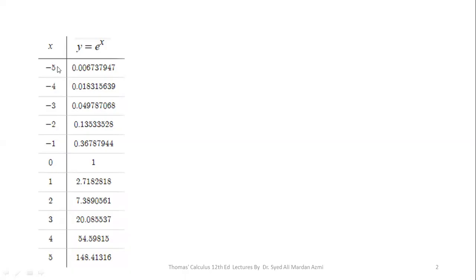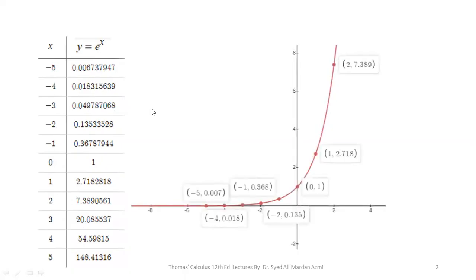You can see as the value of x increases, the value of y increases exponentially. That's why this function is called exponential function. When we join these ordered pairs, we have a graph like this. So this reddish graph is the graph of exponential function in the xy plane.